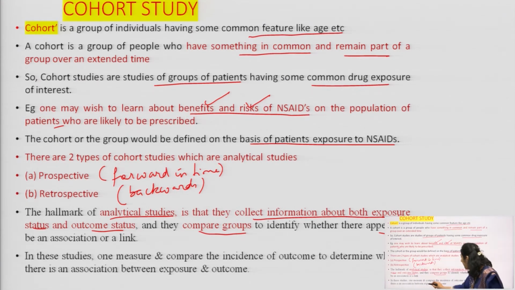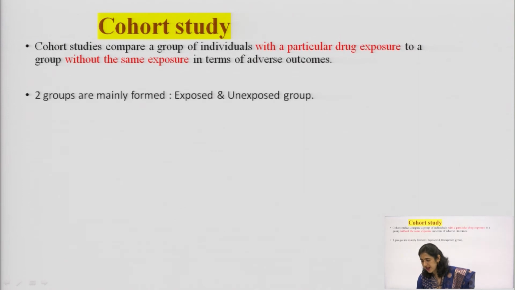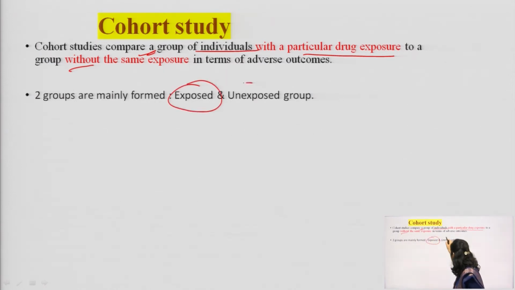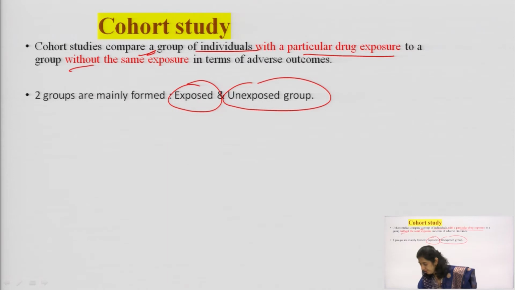In these studies, one measure compare the incidence of outcome to determine whether there is association between exposure and outcome. So let's try to understand this. ये किसको compare कर रहा है? ये compare कर रहा है एक group को जिसको drug expose किया गया to a group without that exposure. Okay, so we have exposed group and we have unexposed group.